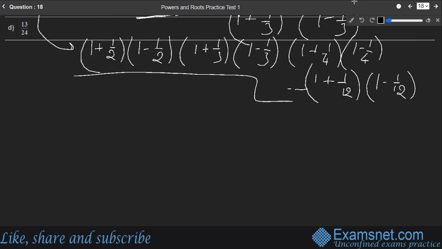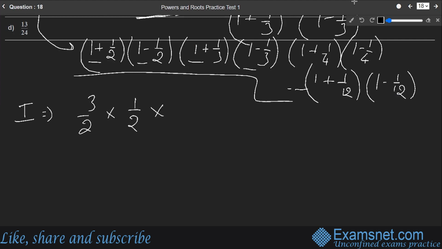Okay, now let us separate some more things. First we'll keep on writing the 1 plus 1 by 2, 1 minus 1 by 2, 1 plus 1 by 3, 1 minus 1 by 3. Let us try to find out their values. The first value, 1 plus 1 by 2, is nothing but 3 by 2. Then it is multiplied by 1 minus 1 by 2, which is 1 by 2.